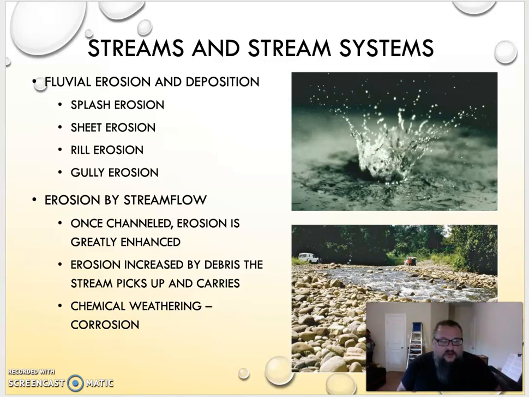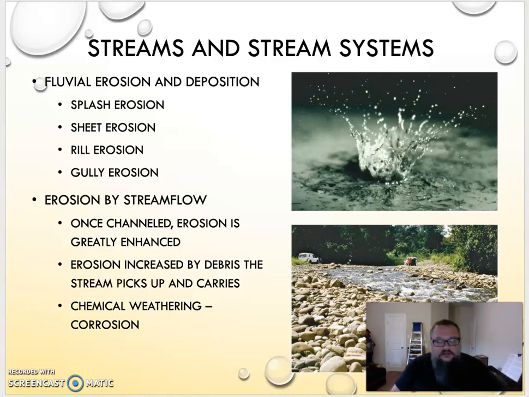So this is the first time we're actually going to correctly use the term erosion, because erosion is that third part of the denudation process. Remember, denudation, which we talked about in chapter 11, is the process of weathering, then mass wasting, which is the first movement of weathered material, and then erosion, which is where that weathered material is then carried away, in this case, by a stream.